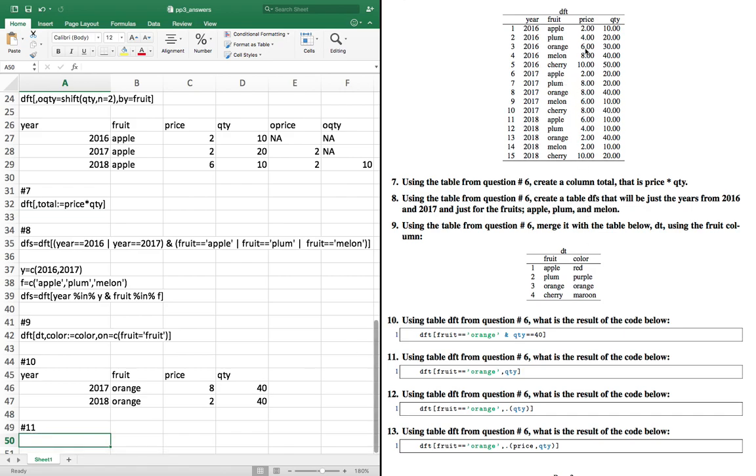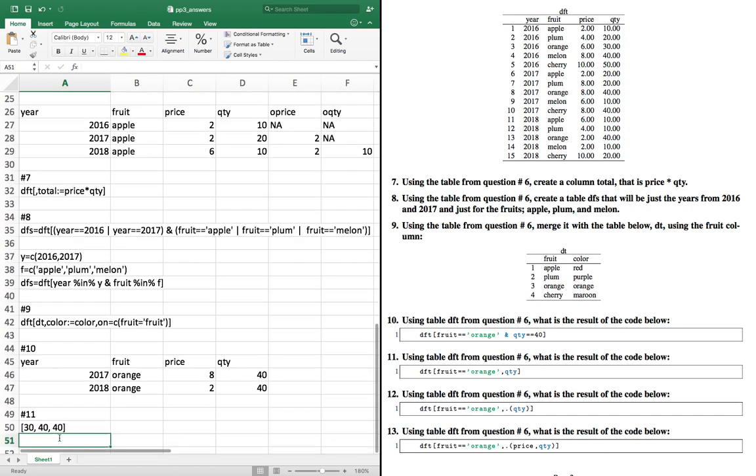Orange: 30, 40, 40. In fact, I'm going to give you the answer. The answer is going to come back as 30, 40, 40. Now, why did I put it in vector form like that? It is because there is no dot parentheses. If there's no dot parentheses, the result will come back as a simple vector.